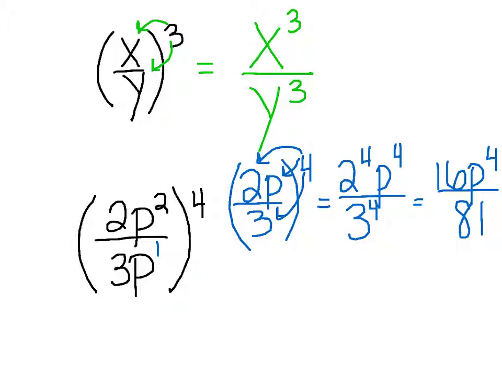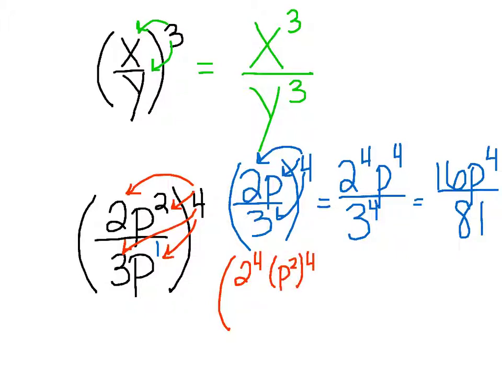However, we could have distributed our power of 4 first to every term on the inside and gotten 2 to the 4th, p squared to the 4th. That's p squared to the 4th, which is p squared times p squared times p squared times p squared.